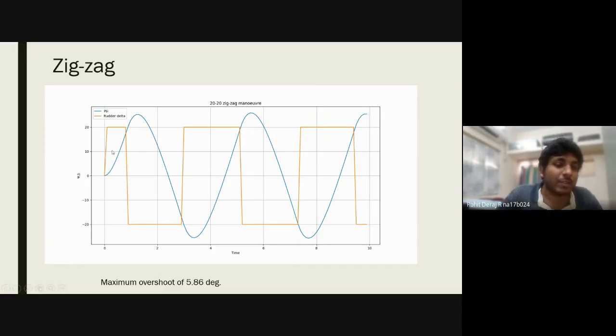After changing the rudder, how much further the ship goes in the same direction before turning. Here you see that the ship's heading maximum reaches about 25.86 degrees, so there's an overshoot of about 5.86 degrees. This indicates the course changing ability of the ship.